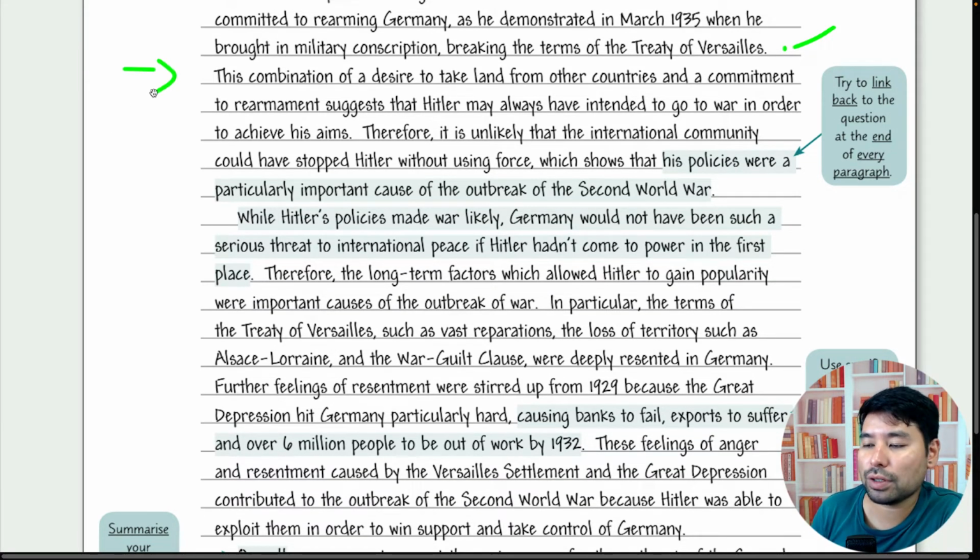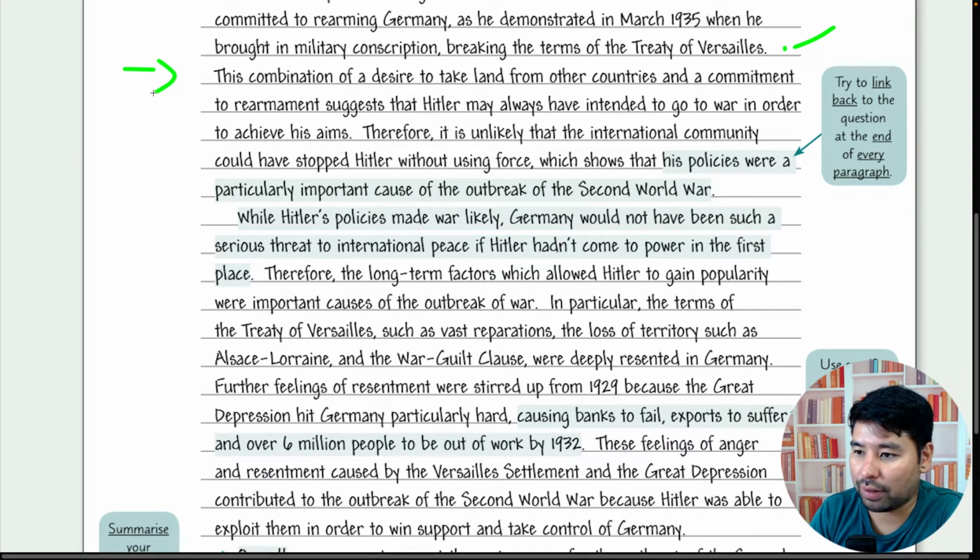And this combination of desire to take land from other countries and a commitment to rearmament suggests that Hitler may always have intended to go to war in order to achieve his aims. And therefore, it is unlikely that the international community could have stopped Hitler without using force, which shows that, again, his policies were a particularly important cause of the outbreak of the Second World War.